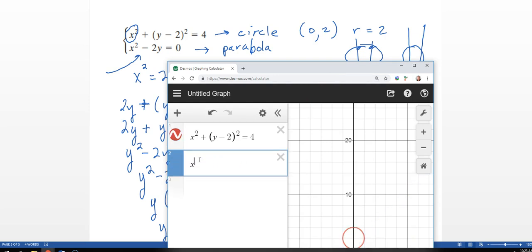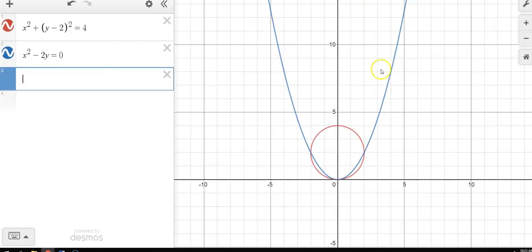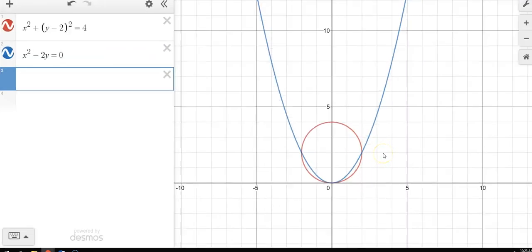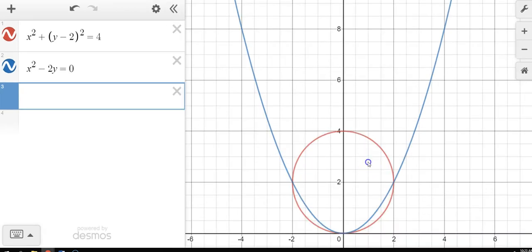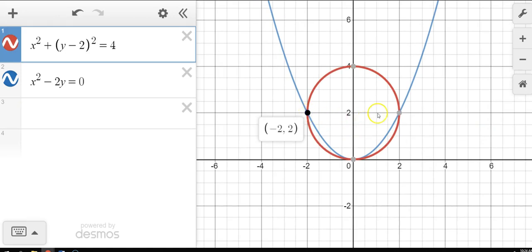And x squared minus 2y equals 0. So here we go. So we have an intersection at (-2, 2), an intersection at (2, 2), and an intersection at (0, 0), where it touches the graph.